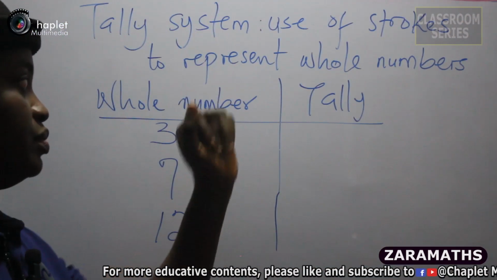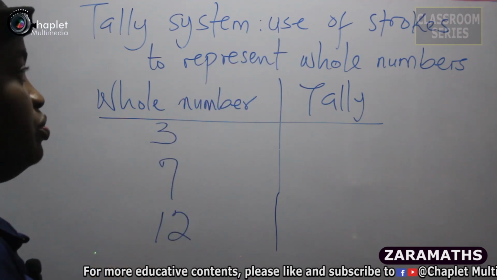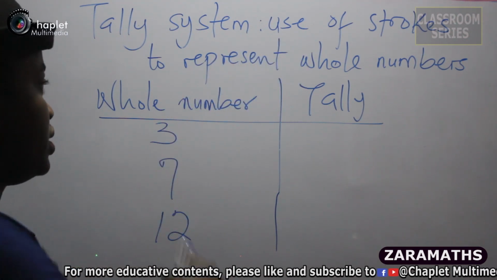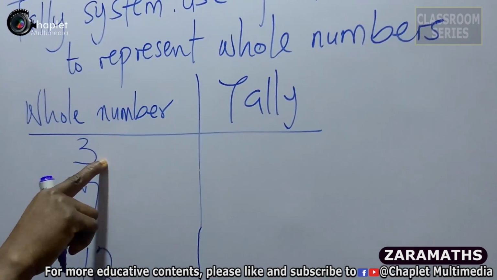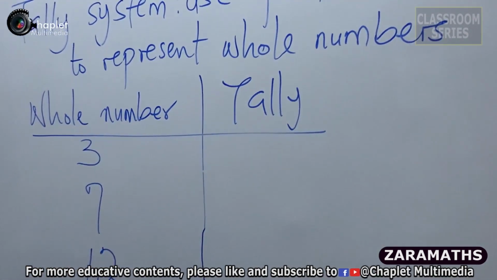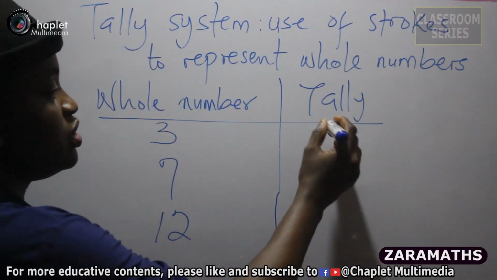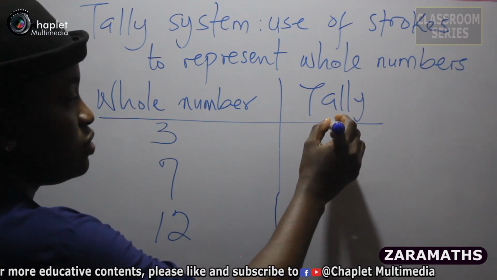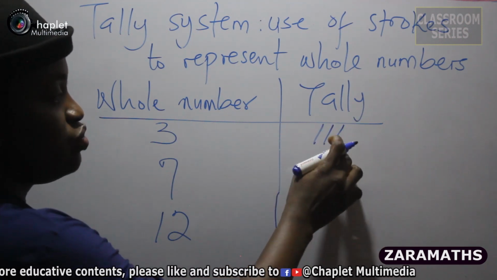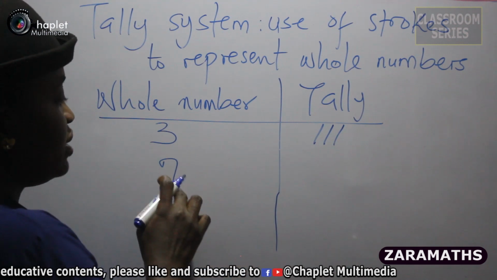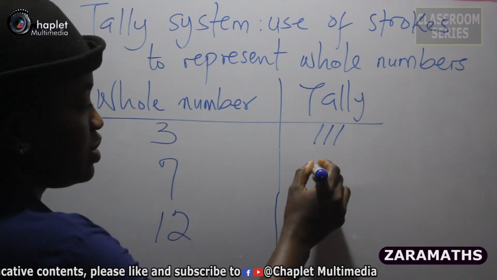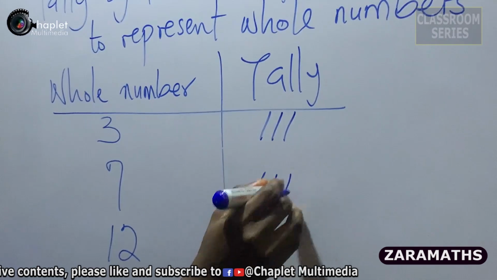Tally system, the use of strokes to represent whole numbers. We want to represent 3 in tally system. 3 is written as 1, 2, 3, three strokes. Why 7? We are going to be writing it 1, 2, 3, 4.